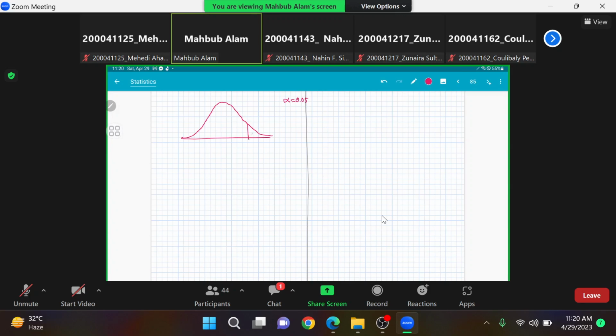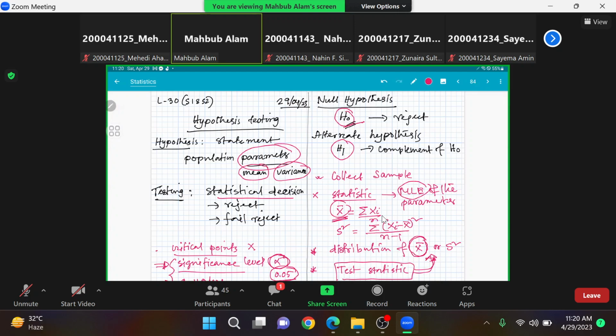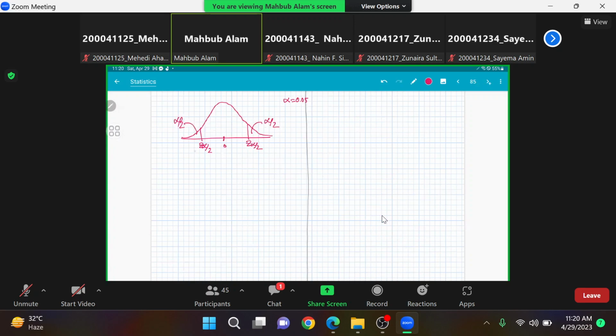We leave a space here, which is alpha by 2, and a space here, which is alpha by 2. So this point becomes minus Z alpha by 2, and this point becomes Z alpha by 2. This is 0, so this is the standard normal curve. What we need is that the sample mean that we have estimated by MLE is within this interval from minus Z alpha by 2 to Z alpha by 2.